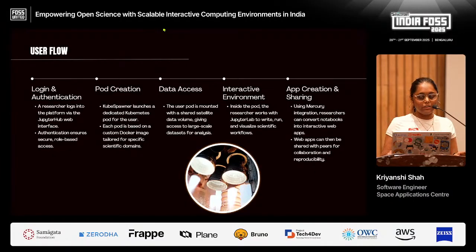Inside that pod, we enhance user environments with Mercury to work seamlessly with your JupyterHub notebook and convert it into web apps. For app creation and sharing, using Mercury integrations and JupyterLab custom integrations, researchers can convert notebooks into interactive web apps.